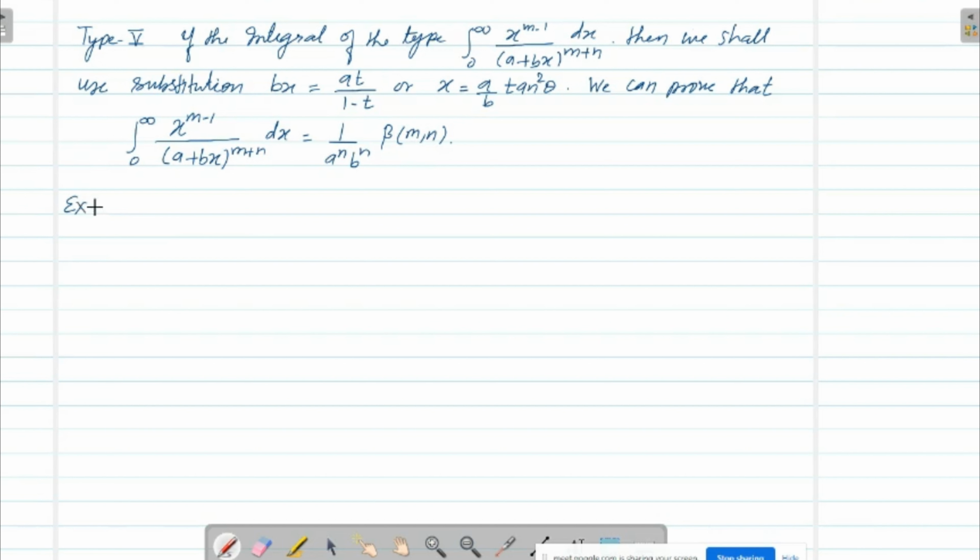So example number 1. Write down. Prove that integration of limit 0 to infinity x raised to 5 divided by (2 plus 3x) raised to 16 dx is equal to 1 upon 2 raised to 10 into 3 raised to 6 into gamma of 6 into gamma of 10 divided by gamma of 16.